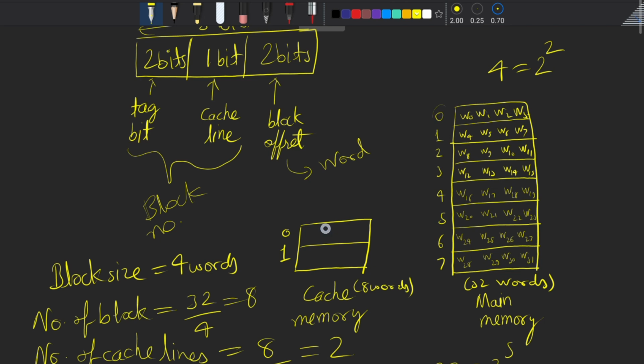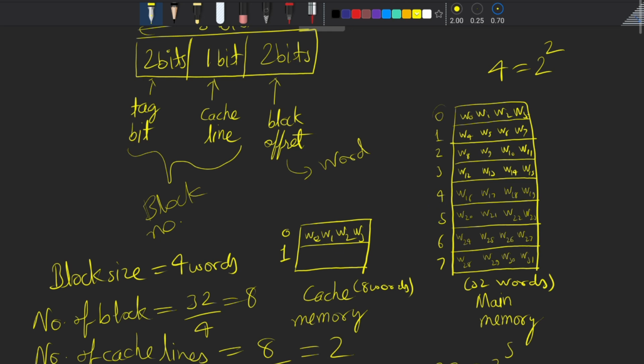So for example, if cache line 0 holds block 0, that is W0, W1, W2 and W3, and then the CPU requests block 4, which was not in cache and was in main memory, then block 4 needs to be moved to cache.